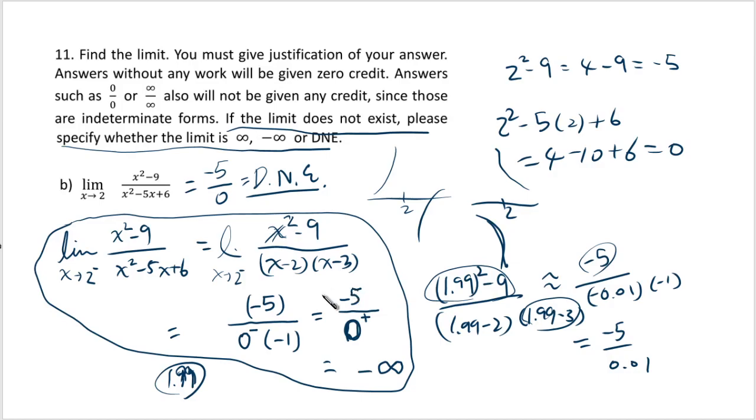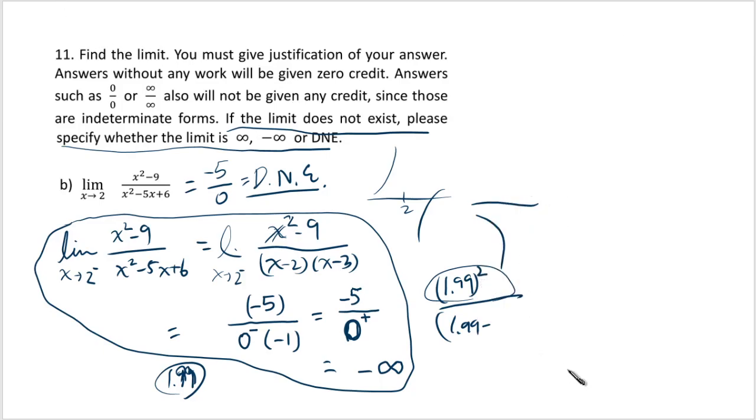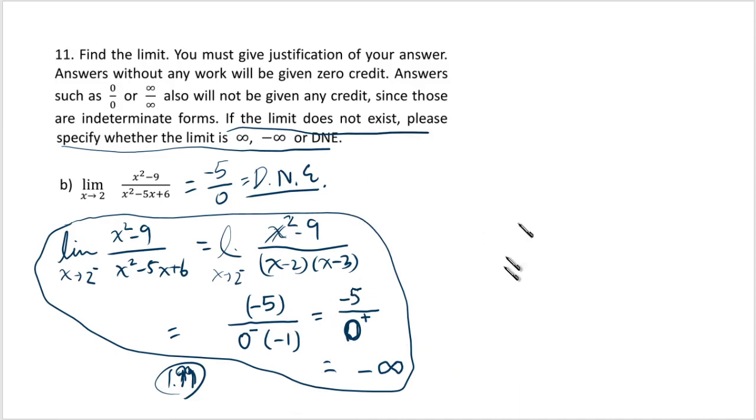Now on the other hand, let me get some room here. On the other hand, let's try the right limit. You get the limit as x goes to 2 plus of x squared minus 9 over x minus 2, x minus 3.